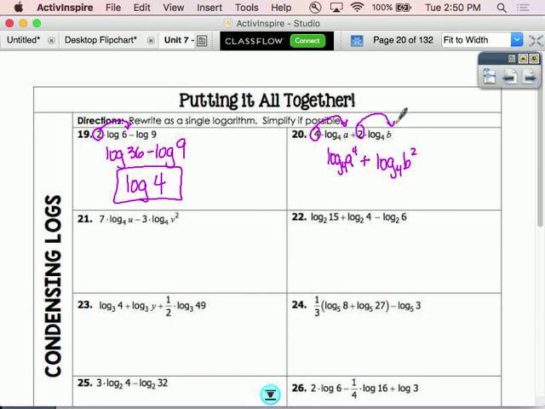Okay, because this 2 goes back here. No, plus tells you to multiply, so you just have log base 4 of A to the 4th B squared. And guys, I would probably put parentheses around that so that somebody reading this knows that the log base 4 goes with the A to the 4th and the B squared.